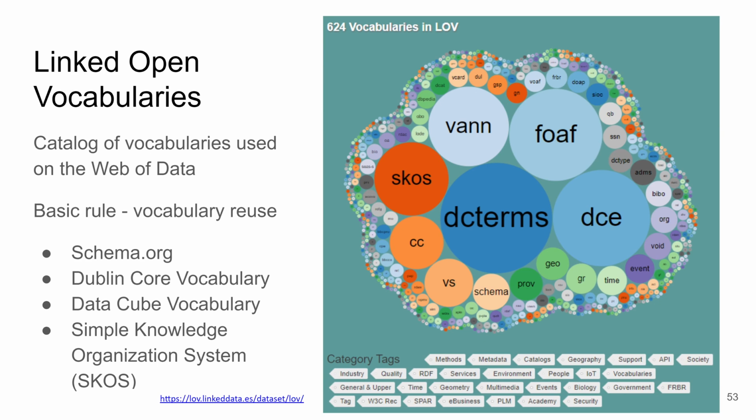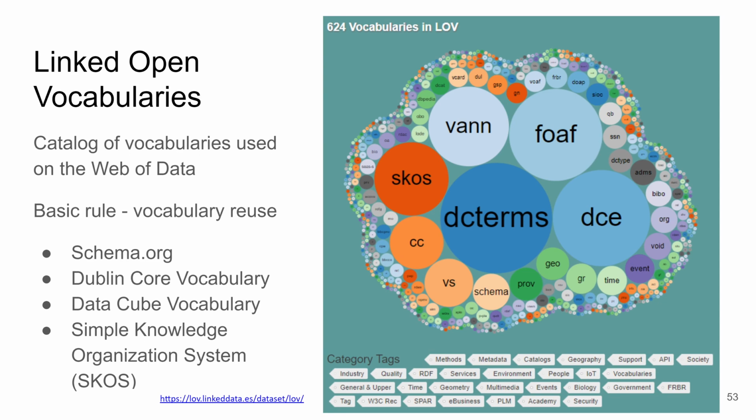Now, the diagram you see in the slide represents the individual vocabularies, and the bigger the circle of the vocabulary is, the more reused by other vocabularies this one is. There is one principle when creating a vocabulary, and that is that we do not create a new term, a new predicate or class definition for something that is already defined in another vocabulary. So for instance, here we see DC terms and DCE.